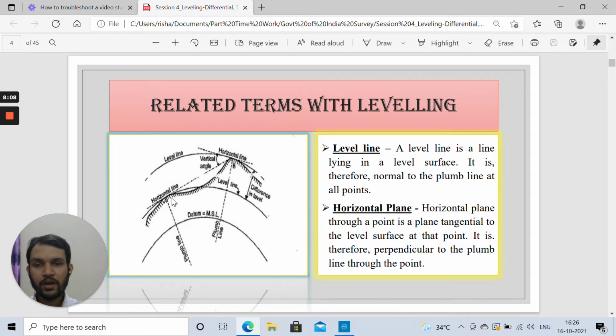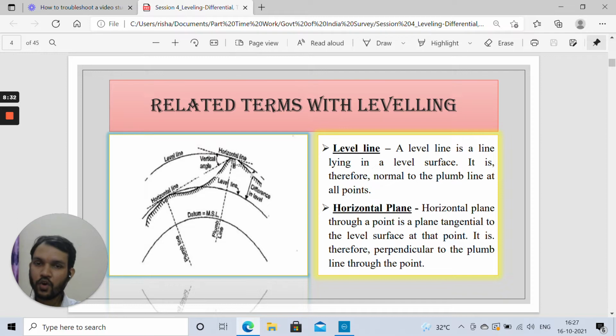A plumb line shows the direction in which the gravitational force will be acting. That is basically shown by the plumb line, the direction from the level surface of the earth in which the acceleration due to gravity, or the gravitational force, will be pulling things. So this is the level surface you can see for which a level line has been shown. That line on the level surface gives us a level line.